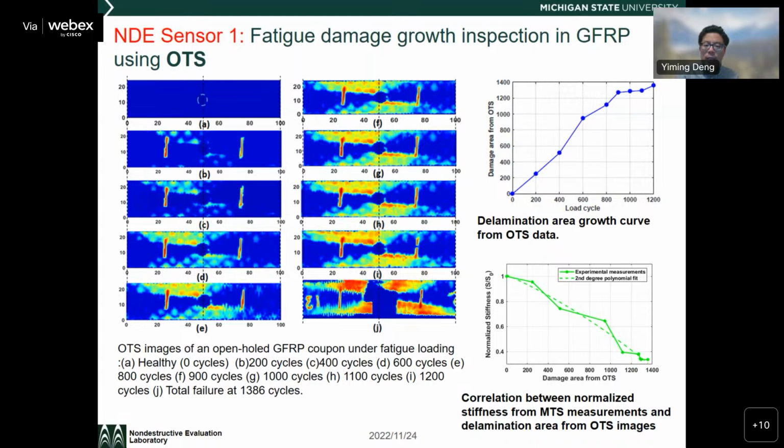You can calculate the delamination area versus the loading cycles. You can clearly see the smaller value here, and those greenish or yellowish regions, until reaching failure, those green, yellow, and red regions, and it's increasing over load cycles.